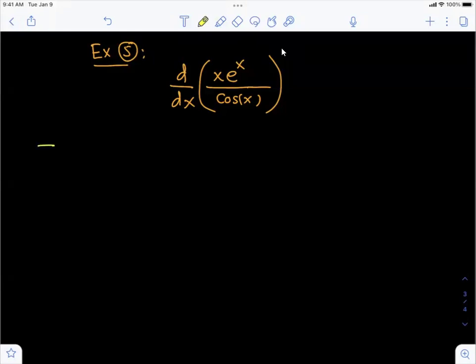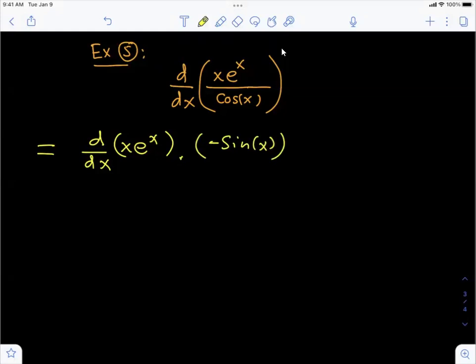Now, in this scenario, I'm going to take the derivative of the top. If you feel it is too much to do right at the beginning, just indicate it and save it for the next step. I'm going to take the derivative of the top function, but don't forget it is a product already. So I will leave it for the next step and take the derivative of the second one, the bottom function, which is negative sine x.